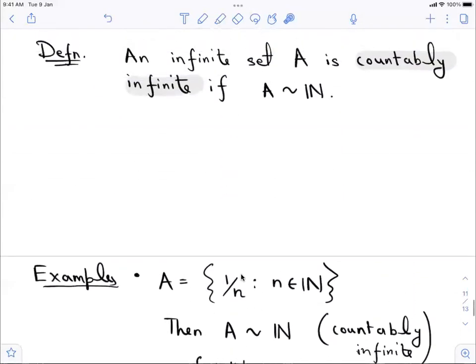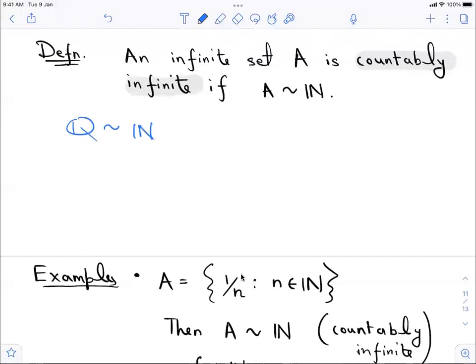Okay, so I'll end this with a couple more comments. What's highly counterintuitive is that Q has the same cardinality as the set of natural numbers. If you know something about Q, they are densely distributed on the real number line. Between any two numbers, you can find a rational.